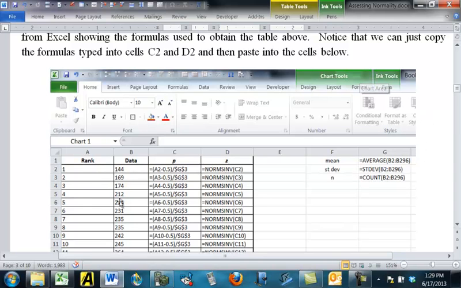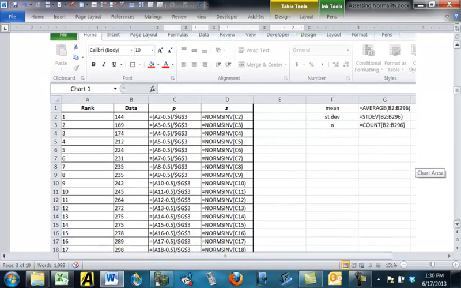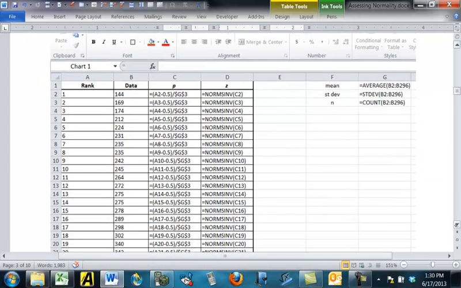So it'll put these in ascending order. Then I just type a 1 here in cell A2. In cell A3, I start with equals 1 plus A2. That'll make it a 2. Then copy that and paste it down in the cells below, all the way to the end, to 20 data points.